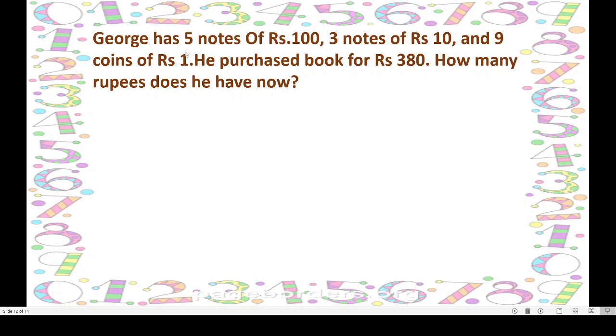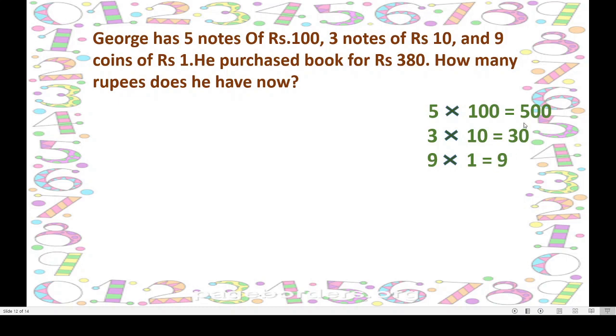Dear children, first we will write here 5 into 100. That is 500, isn't it? 3 notes of 10. That is 3 into 10 is equal to 30 rupees. 9 coins of 1. So it is 9 into 1 is equal to 9 rupees. Okay, 539.